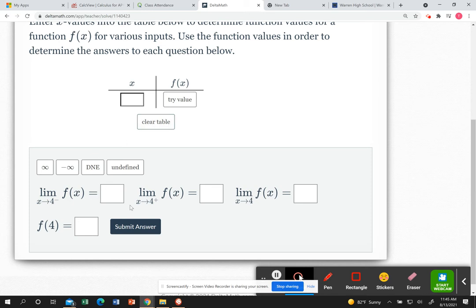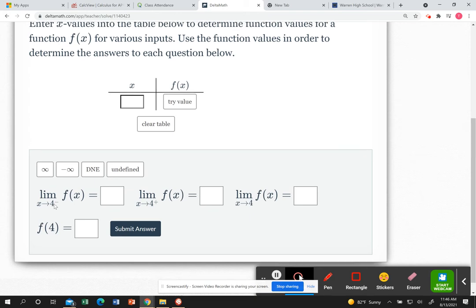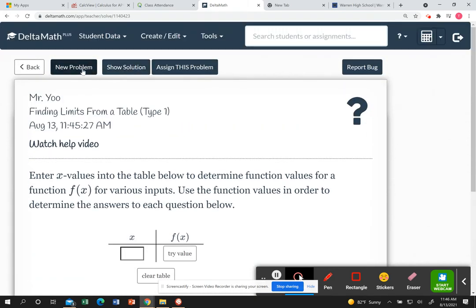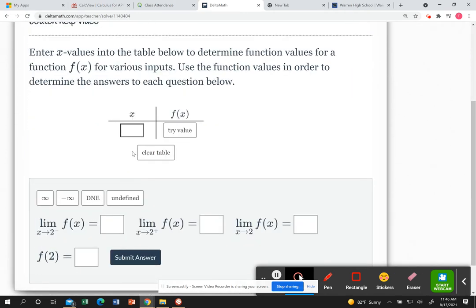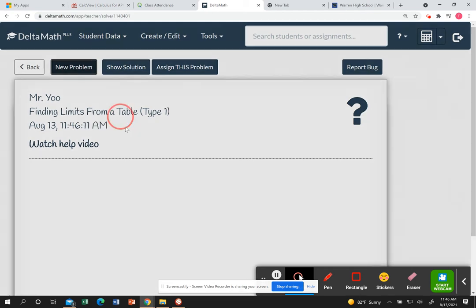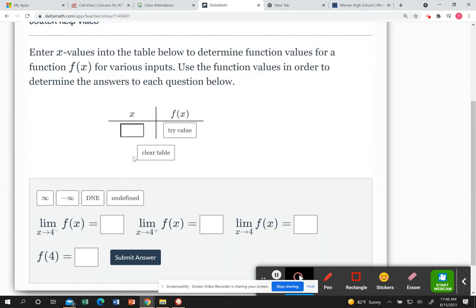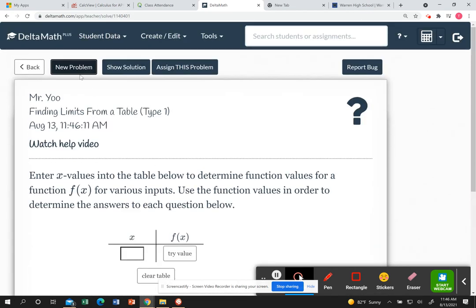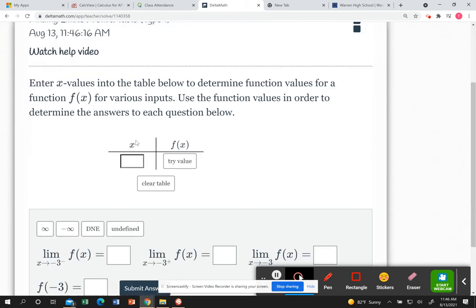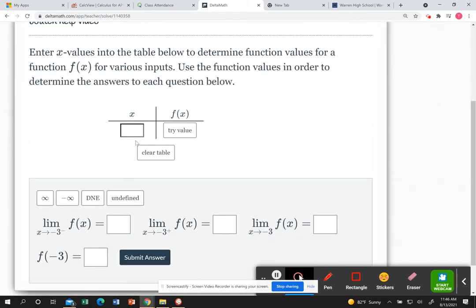First, I like this problem, but I'd rather have a difficult problem than this. This is pretty easy. So hold on a second. All right, I like this one. Okay, here we go.